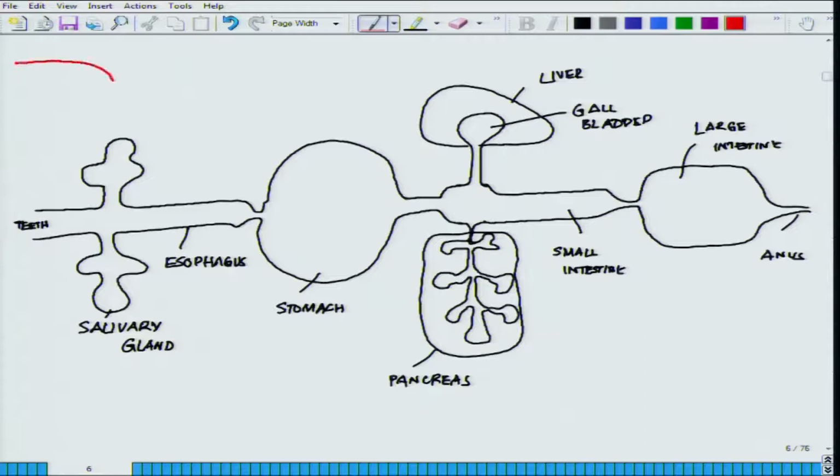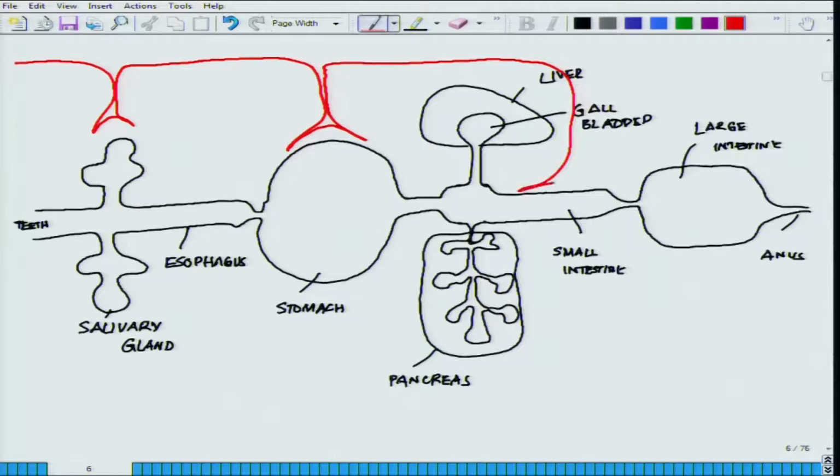So, it works like this. This is the parasympathetic I am drawing. So, this is the parasympathetic route moving through. Then you have this parasympathetic connectivity of this whole structure out here.